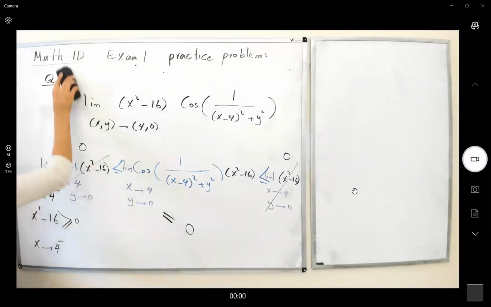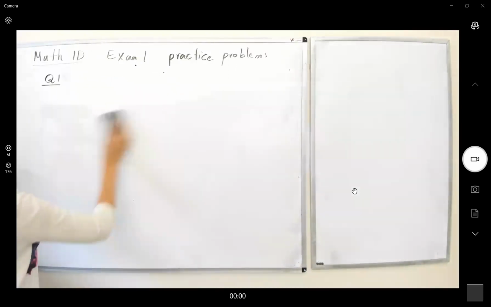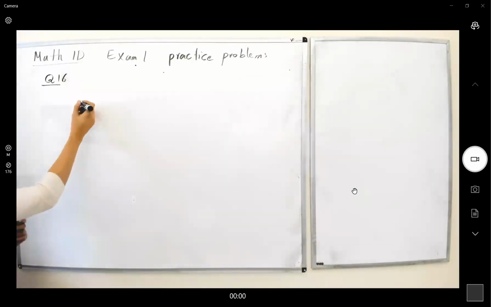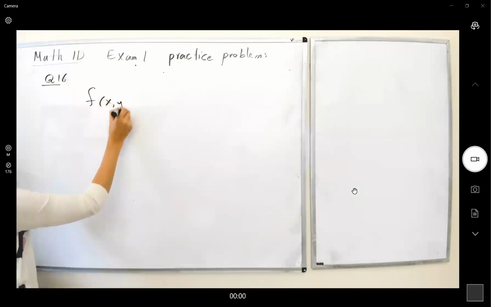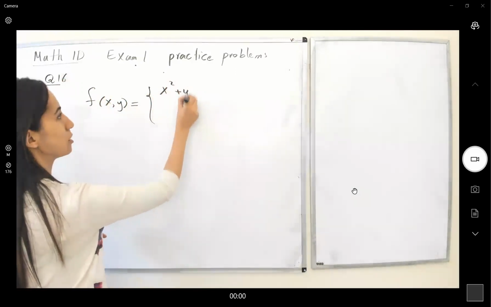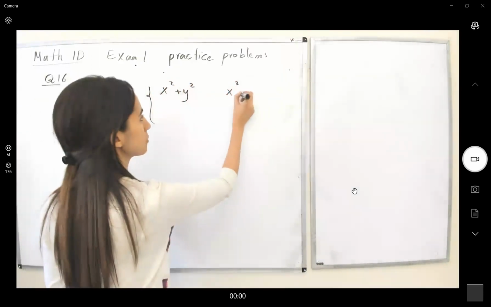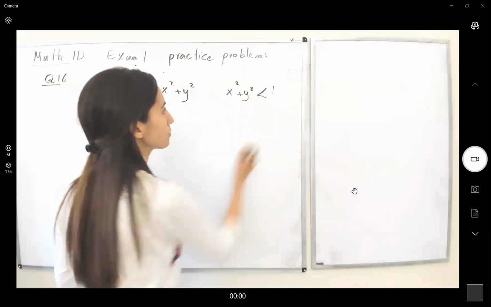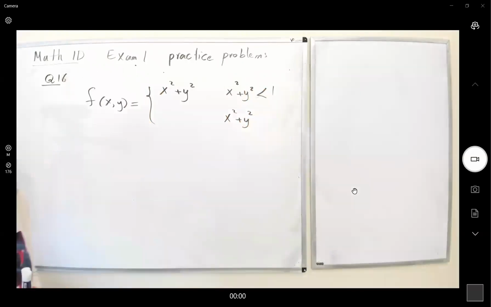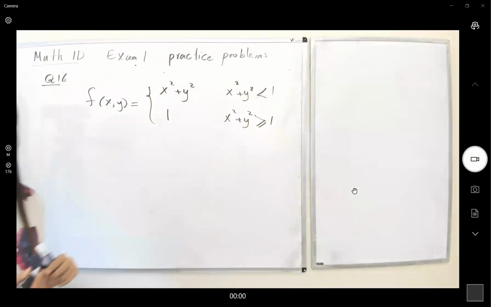Well, question 16 says to show that the function is continuous. This is question 16. Here you have your function, which is a piecewise defined function: x squared plus y squared for all points satisfying the inequality x squared plus y squared less than 1, and if x squared plus y squared is greater than or equal to 1, then the outcome is just 1.